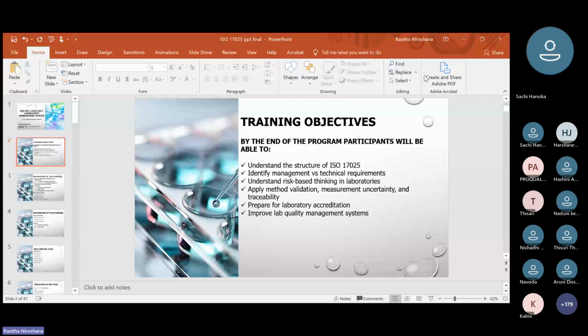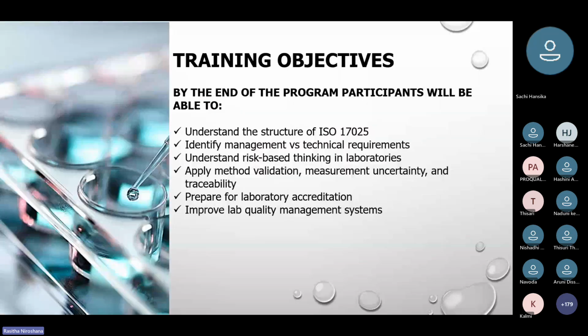When we started the program in the morning, we talked about understanding the structure of 17025. I think you have fully understood it. Then we identified the management and technical requirements. We did a lot of case studies, and I took one example from the TFM. I showed you the technical part, then the management system part, and risk-based thinking.